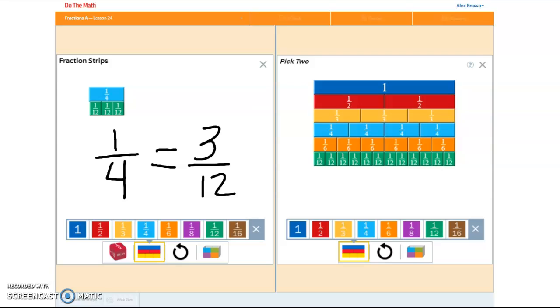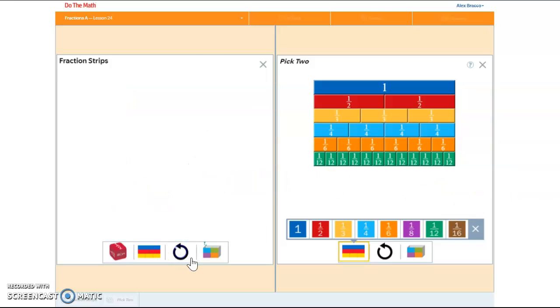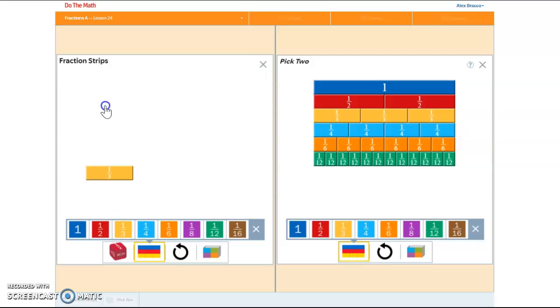Okay, so now we're going to go and look at 1/3. On number 3, we have 1/3. Let me restart and refresh our fraction strips, and I'm going to pull up a third. There is more than one fraction piece that could be equivalent to 1/3. For example, let's look at 1/6. How many sixths can fit under a third? All right, 2/6. But I think we can come up with something else.